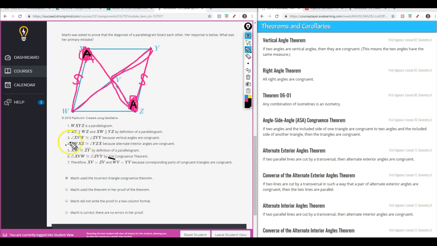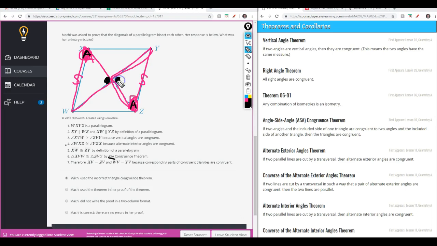So then the next one we have angle XVW, right here. And we have the other angle ZVY, which is right here.